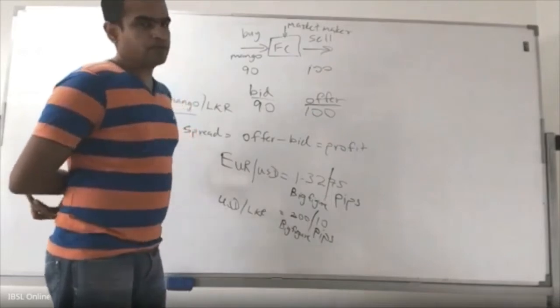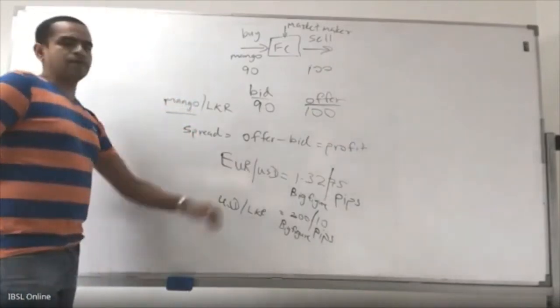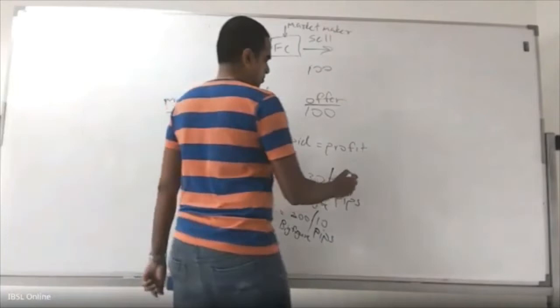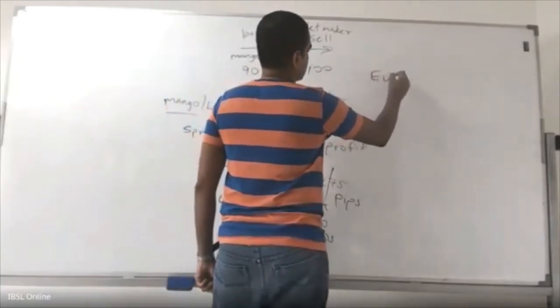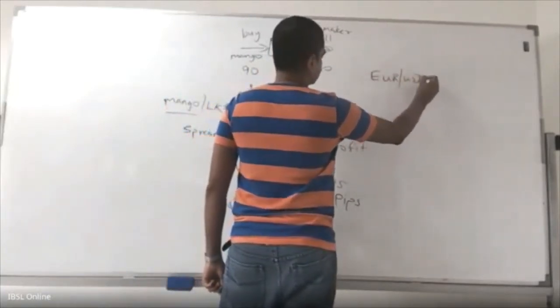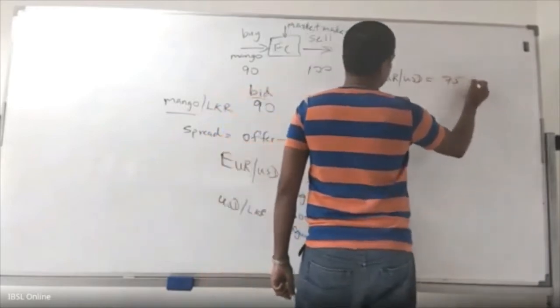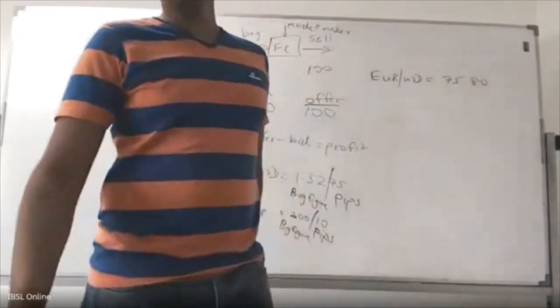For example, the market might say euro dollar is 75.80. Only that is quoted.